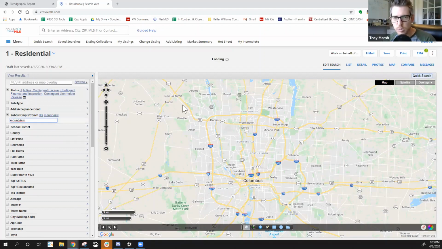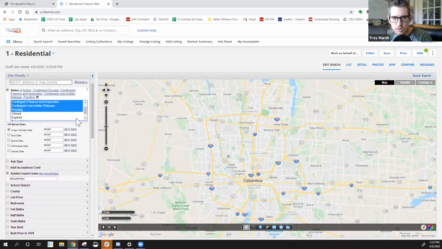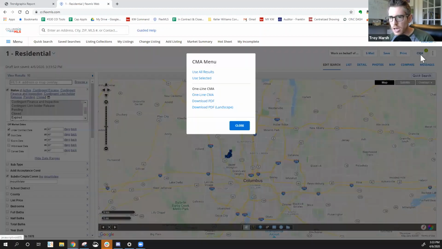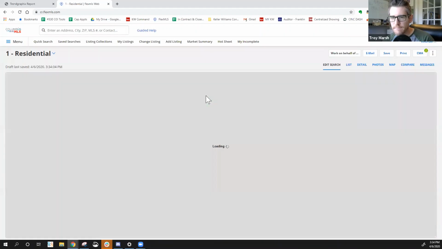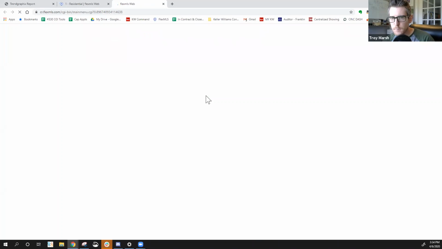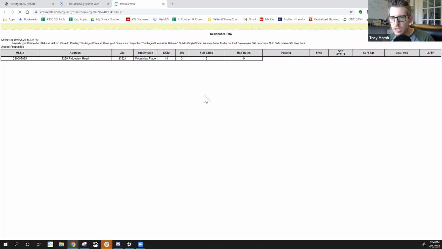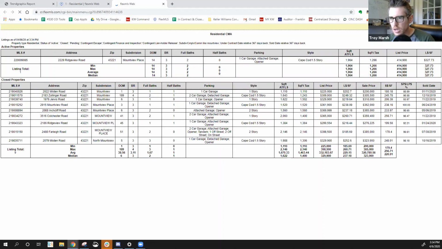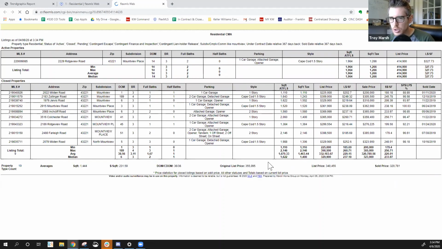And this wouldn't be the way that I would do a CMA, to be honest with you, but just for purposes of showing you guys what the one line CMA is. You would look at the area that you're looking, and then you would go to CMA, and then click on one line CMA. And then it's going to populate the CMA, which is going to show us some of these great statistics.